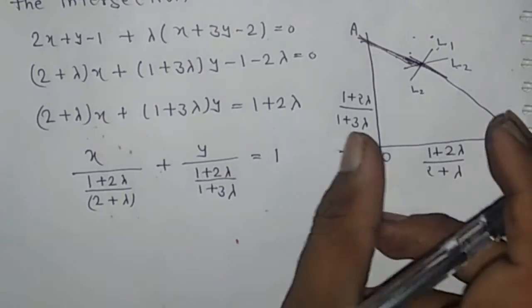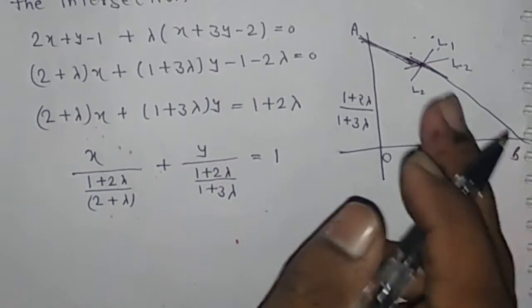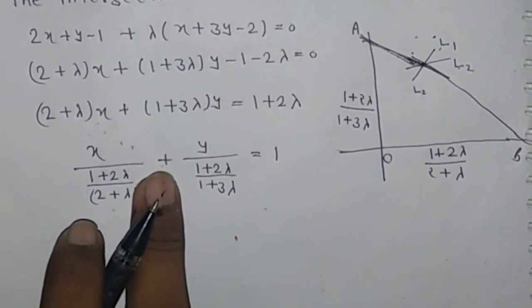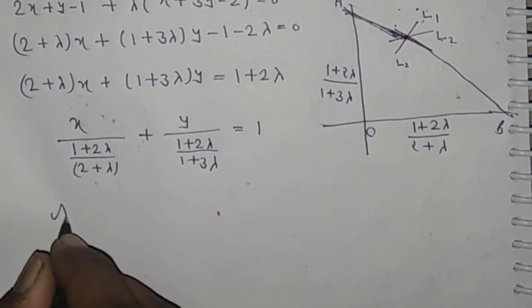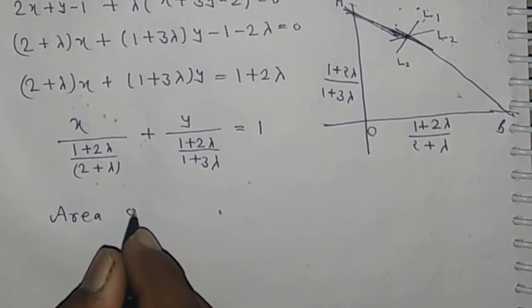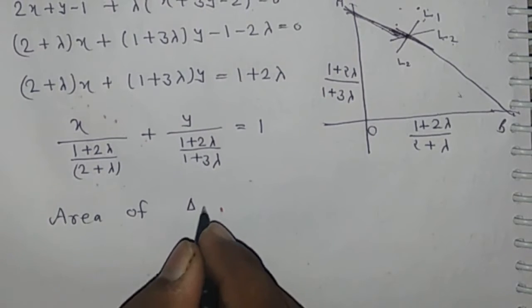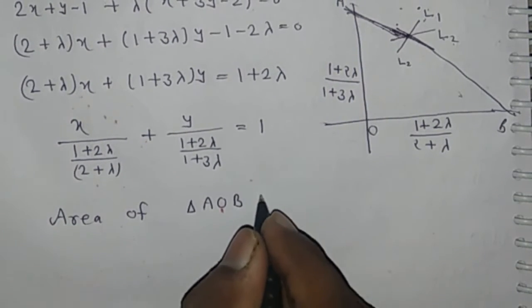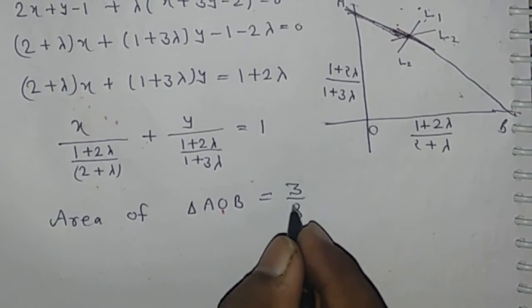Then the area of triangle AOB is 3/8 square unit. It is given.